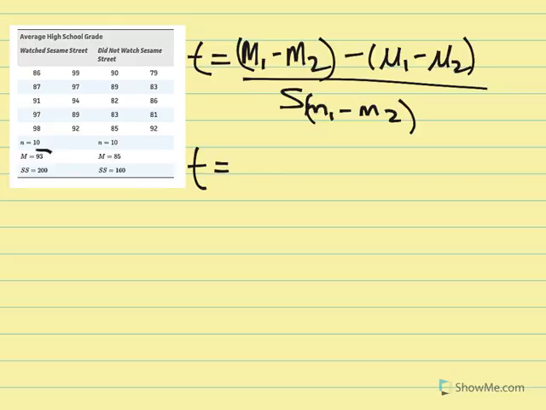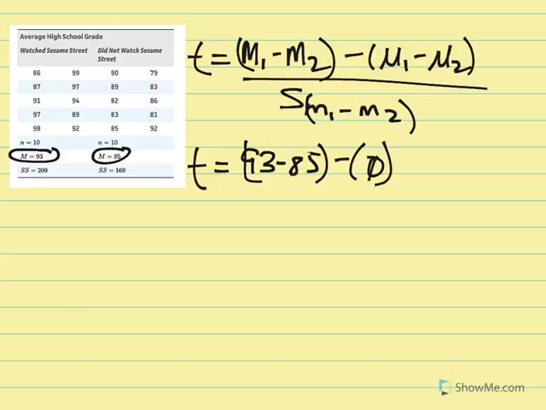We know the mean of our first distribution is 93, minus the second was 85. Minus 0, right? This is always representative of the null. There's no population mean difference, over the estimated standard error of the mean difference.